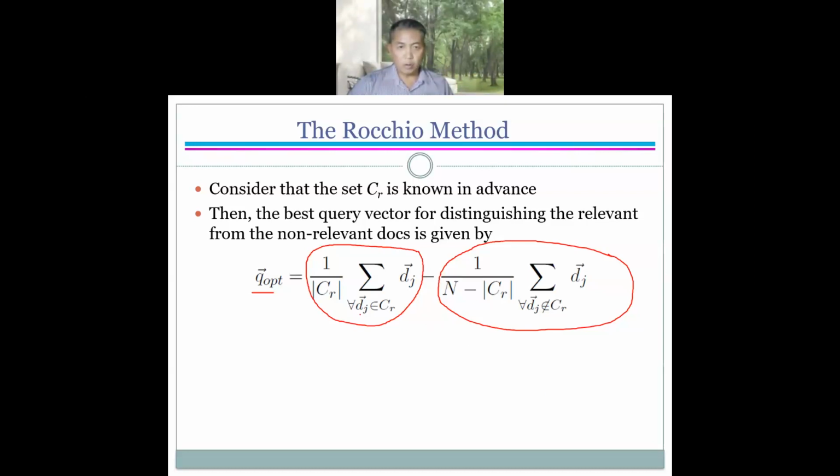We are looking here for all documents that belong to the relevant documents, but over here you subtract all the documents which do not belong to the relevant documents. So this is your relevant document, this is your non-relevant document.